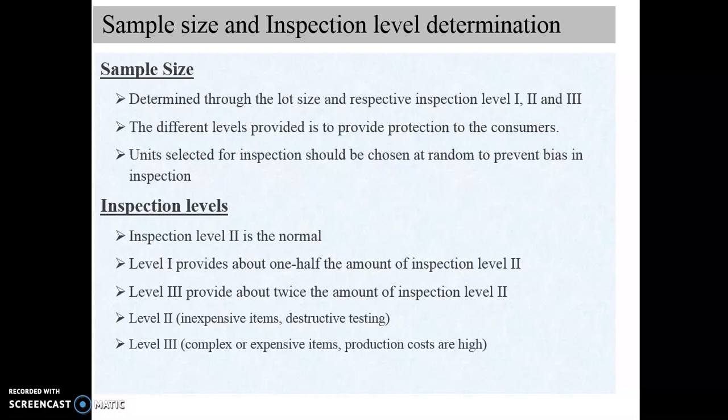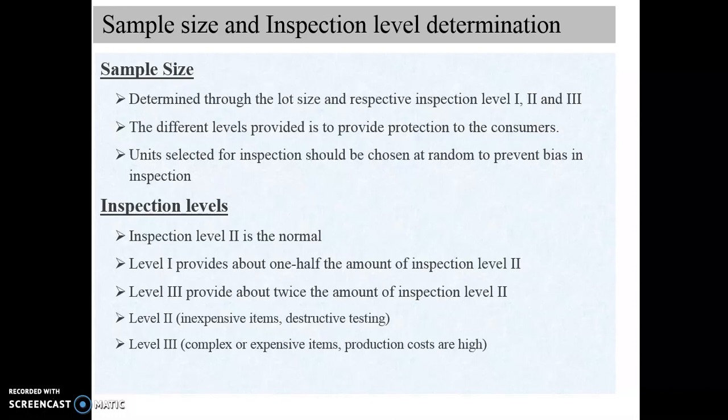Determine the sample size in each sampling plan: single sample, double sample, multiple, subsequent. For these 4 types of sampling, you have to determine how many samples you have to draw out for the inspection.